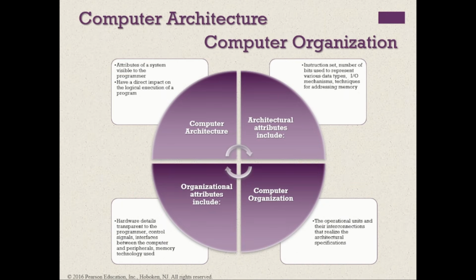Based on this figure, in describing computers, a distinction is often made between computer architecture and computer organization. Although it is difficult to give precise definitions for these terms, a consensus exists about the general areas covered, and an interesting alternate view is presented. Computer architecture refers to those attributes of a system visible to a programmer, or put another way, those attributes that have a direct impact on the logical execution of a program.